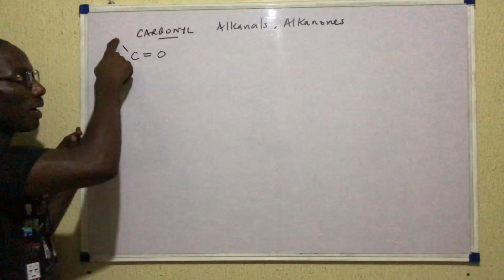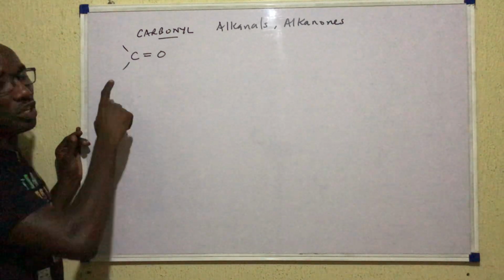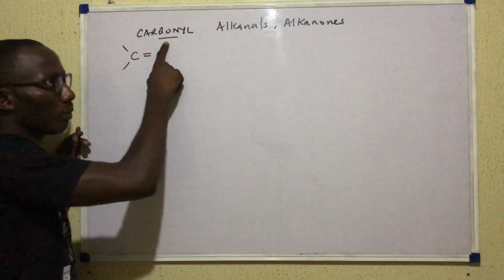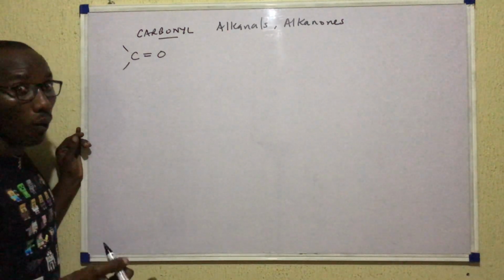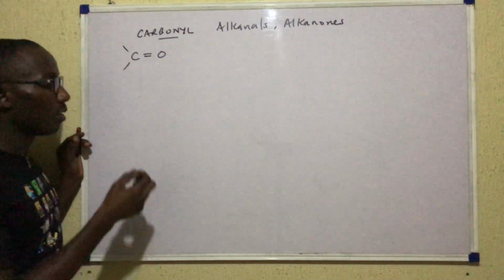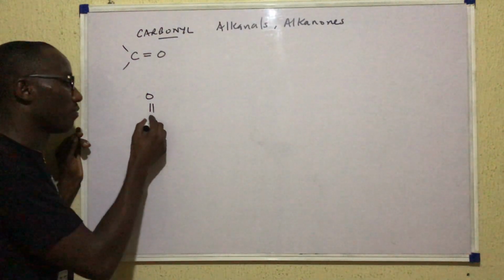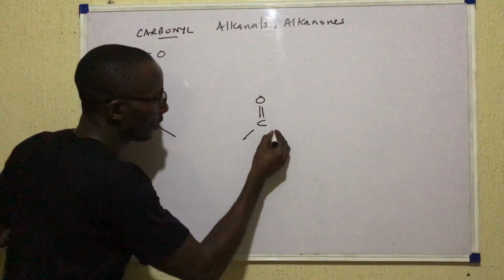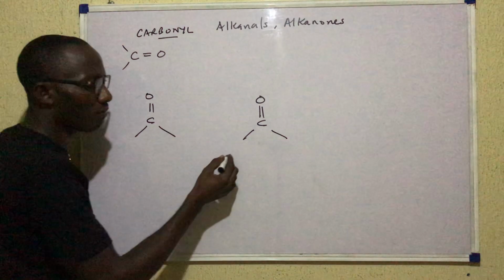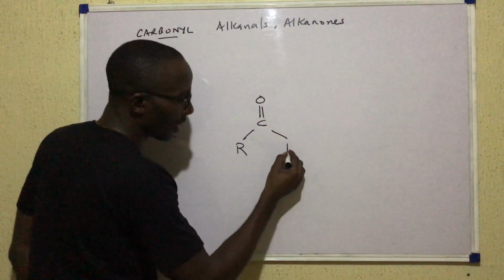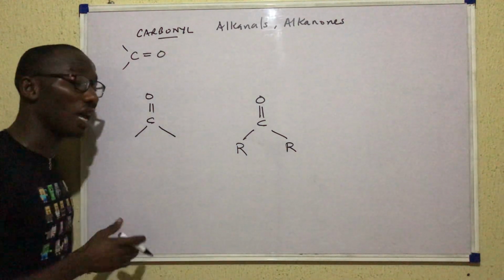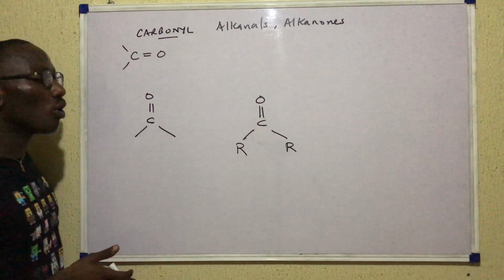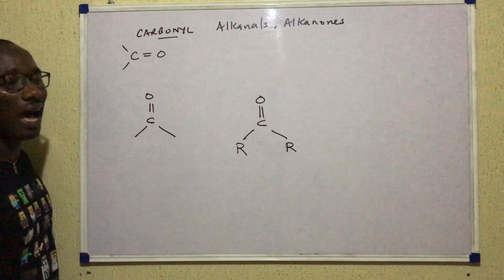So what occupies those empty spaces is what determines whether our carbonyl will be an alkanal or an alkanone. In other words, let's look at these two now. If you have an alkyl group here and another alkyl group here, or even aryl groups, then what you are dealing with is an alkanone.